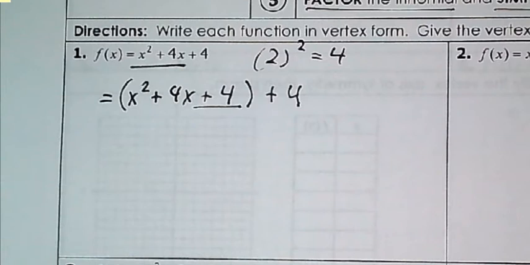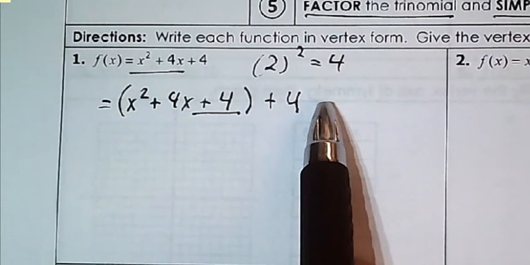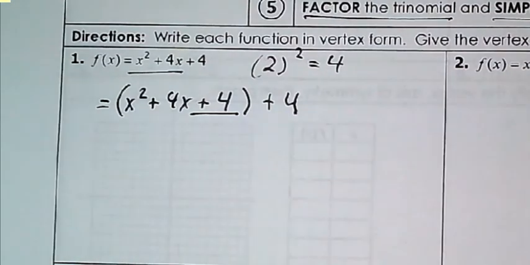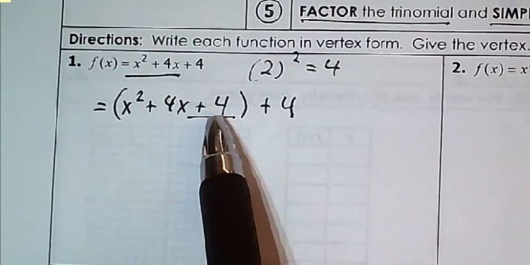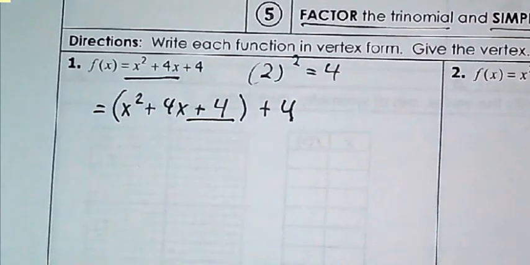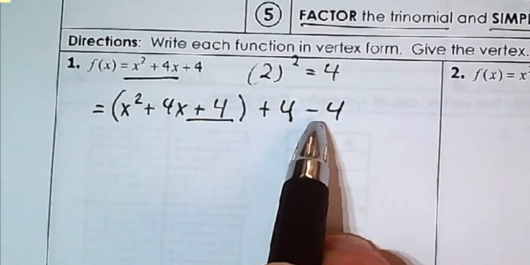If I add 4 again, now I've not only added 4 here, I've added 4 out here, so I've added 8, but I didn't balance that with anything. So to balance adding 4 here, I have to subtract 4 out here. That's what we do. And you'll see there are some exceptions where sometimes we have to add out here instead of subtract. I'll show you that in a minute.